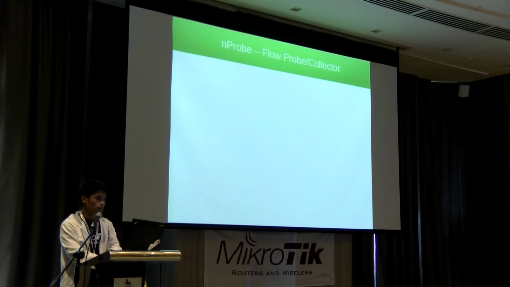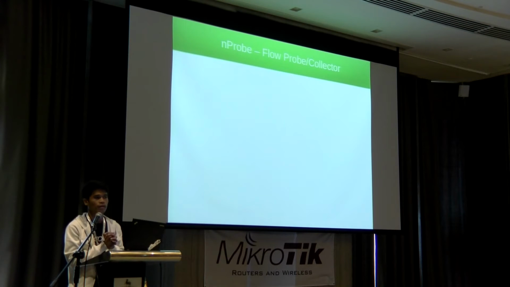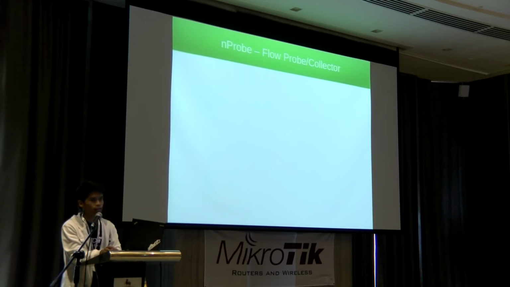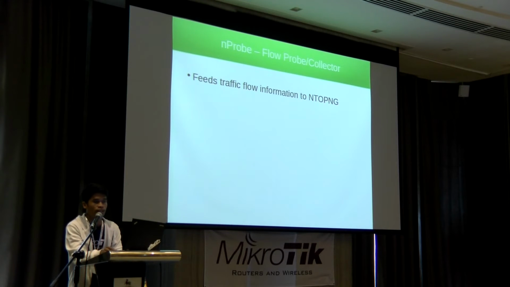So since we all have an idea what NTOPNG is, what we also need to know is we also need nProbe. So what is nProbe? nProbe is a flow collector. It feeds traffic information to NTOPNG.